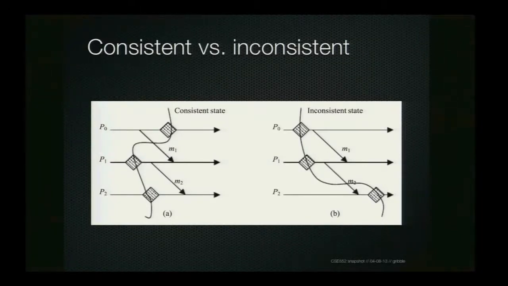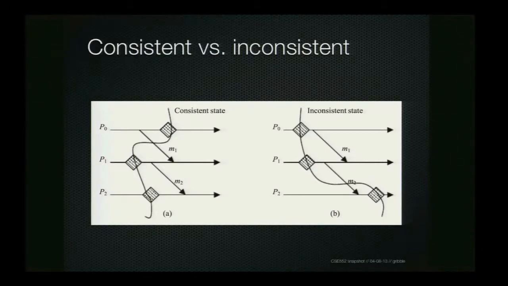For whatever reason, when we're doing global snapshots, time goes to the right rather than up. I've never understood why. But here's the same kind of system with 3 processes. In this particular system, these diamonds are checkpoints. So this is where a local checkpoint has been taken.